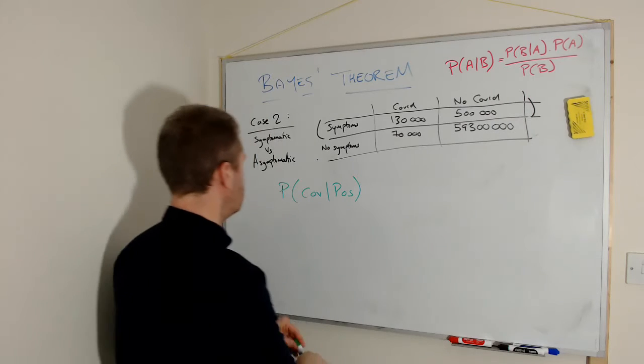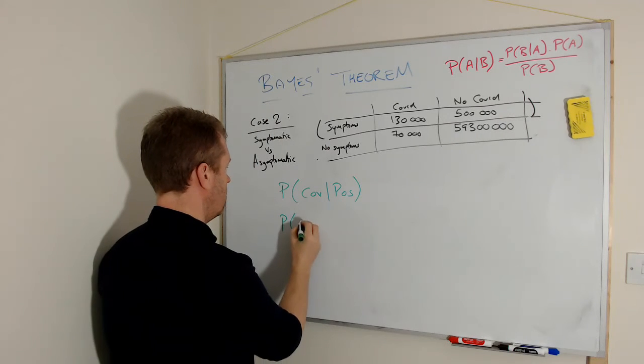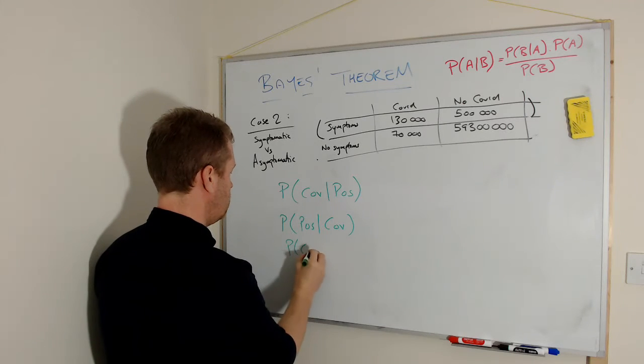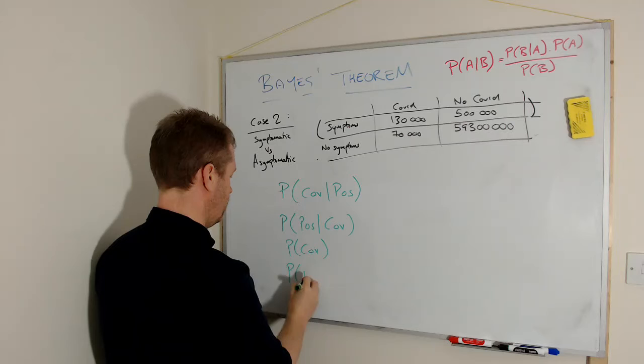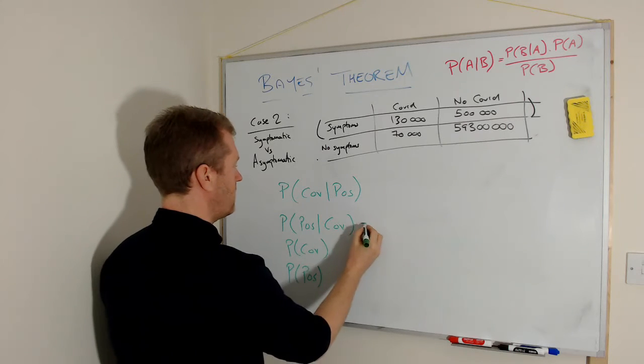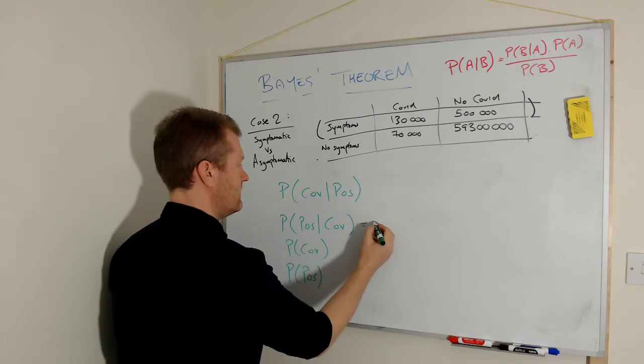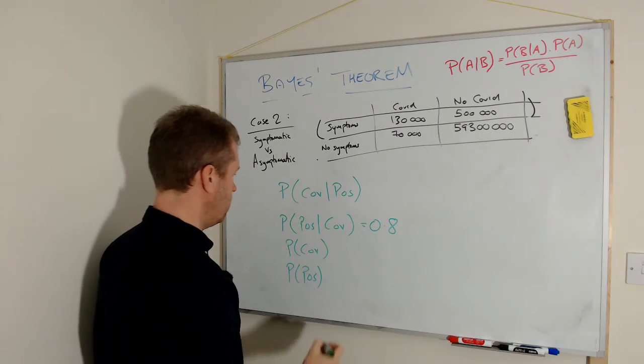So again we're using the same three things. We want this, we want this, and we want this. The probability that you have a positive result given you've got COVID is the same. It's 0.8 because of that false negative rate.